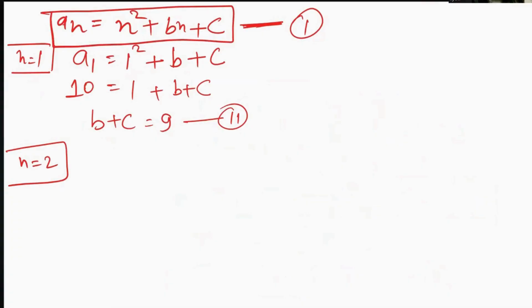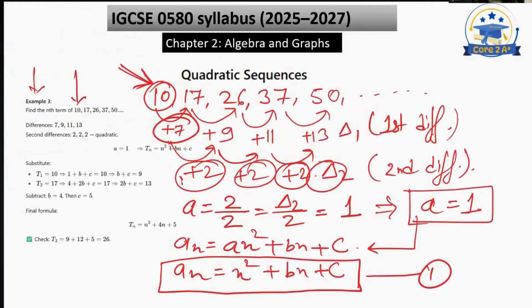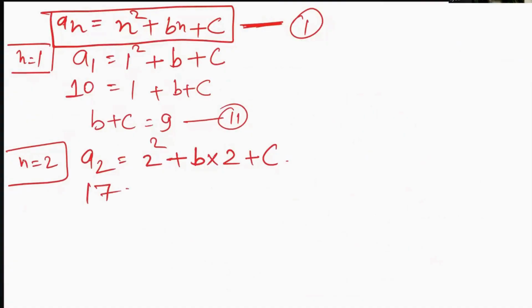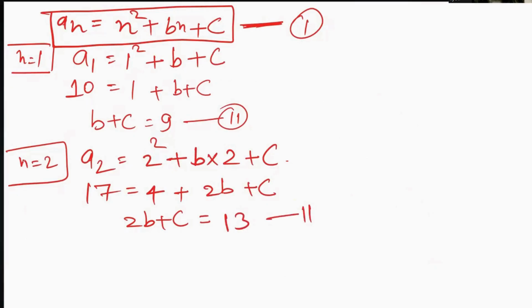A2 equals 2 to the power 2 plus B times 2 plus C. So A2, the second term, is 17. 17 is your second term. 2B plus C equals 13. You may call this equation number 3.